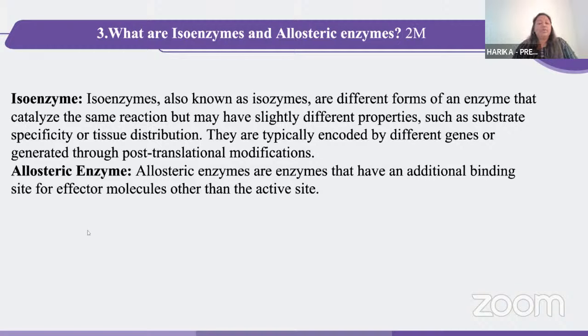Isoenzymes are also known as isozymes. As we know, there are different forms of enzymes, and these enzymes help in catalyzing reactions. But isoenzymes have different properties. The specific property of isoenzymes is that they help in tissue distribution.